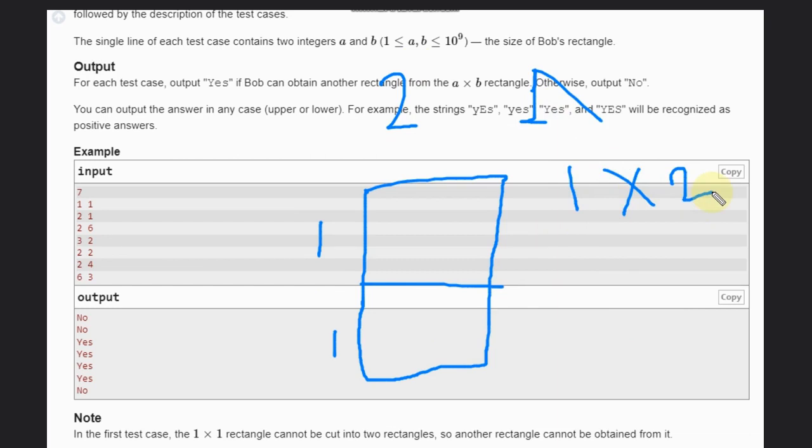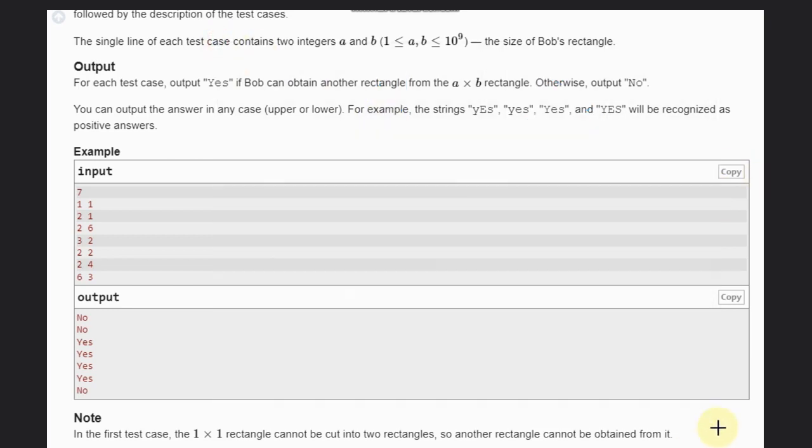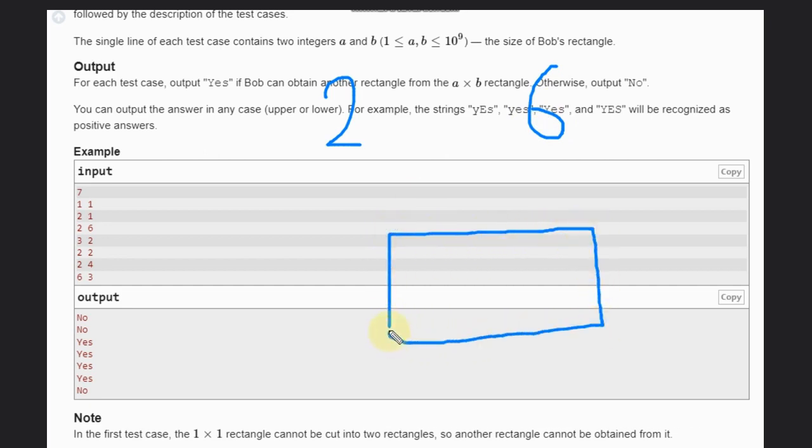So that is a problem, obviously, right? We need to think about what we can do. It's not possible here, first thing, and we need to think where it is possible. That is a good question. Let's say we have 2 cross 6. So that means 6 will be here, and we cut like this.